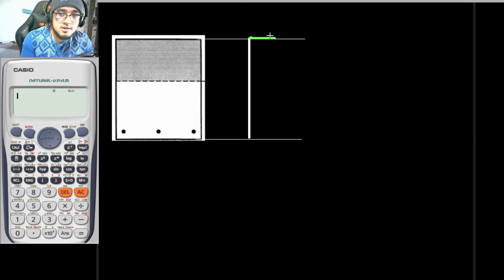This is just the strain diagram. And according to NSCP, the strain for your concrete should be equal to 0.003. So by the way, take note of that. And once again, the strain, as it approaches your neutral axis, will now decrease. So let's say that this is the neutral axis, so it will be decreasing here.